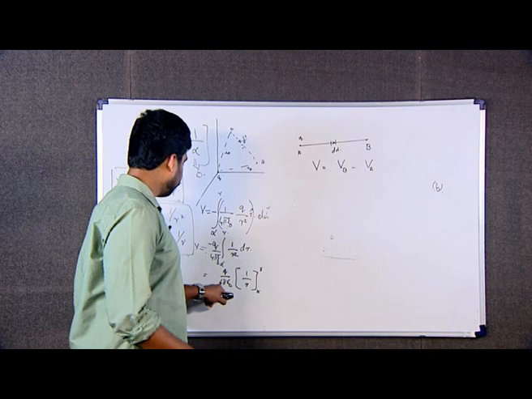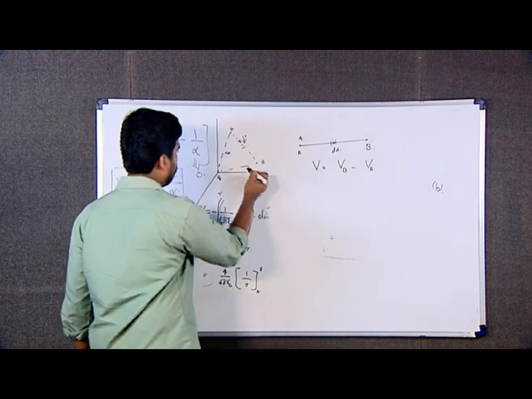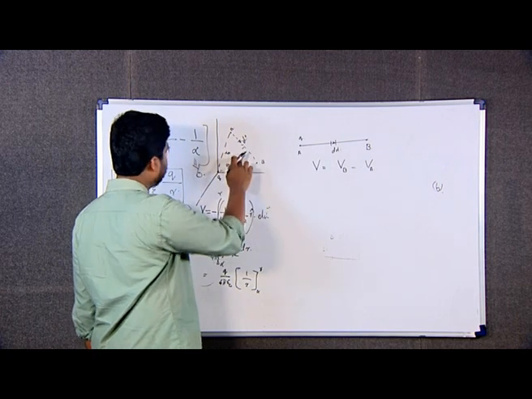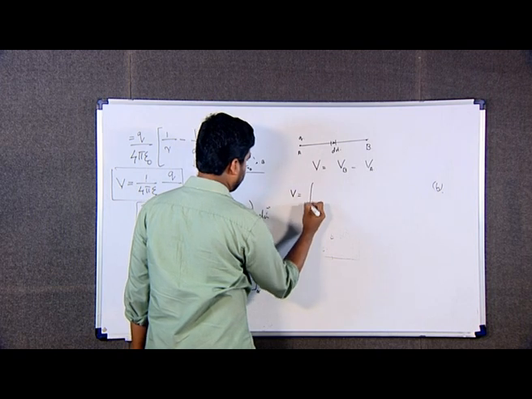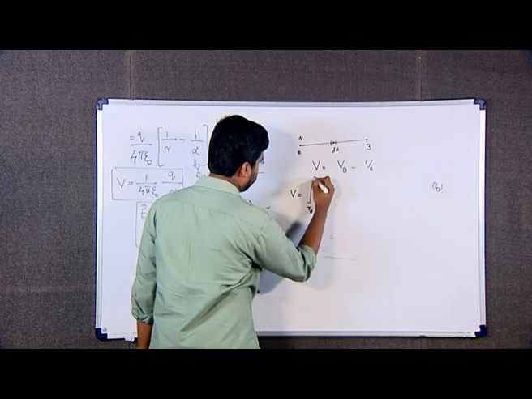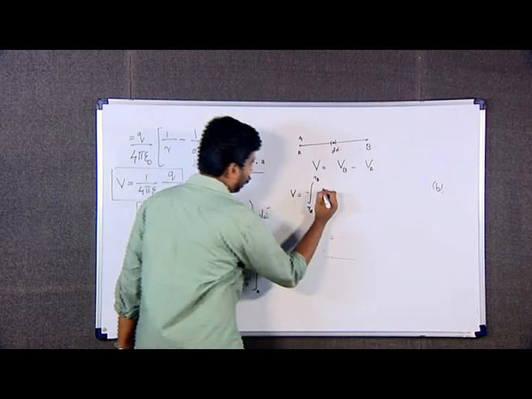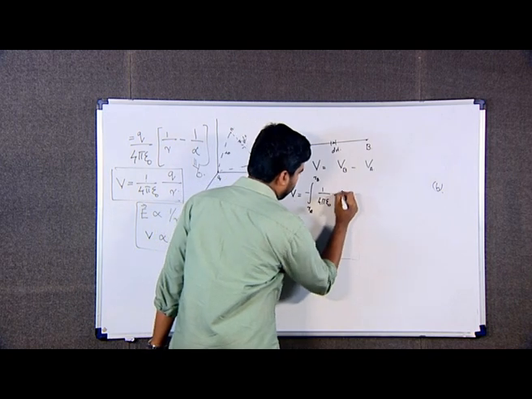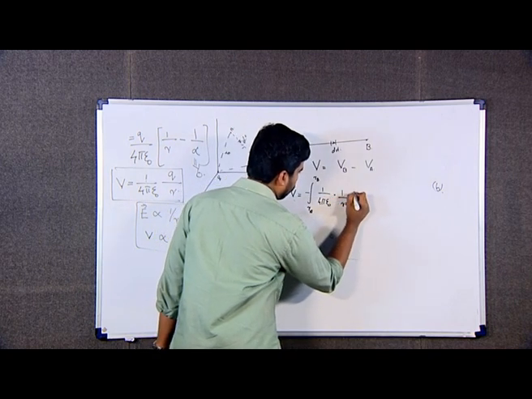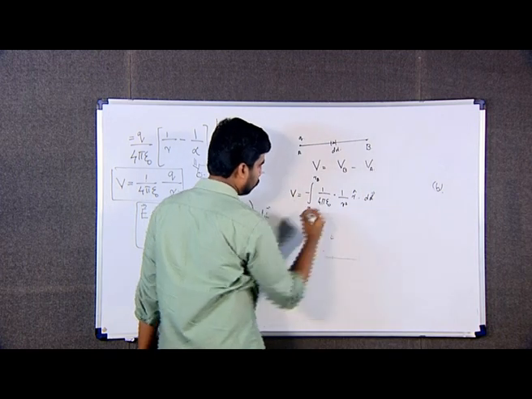Instead of infinity, you put the position vectors ra and rb. The same case gives V equal to the integral from ra to rb of minus 1 by 4 pi epsilon 0 into 1 by r square into r cap dot dl. And we know that only the first term will survive.